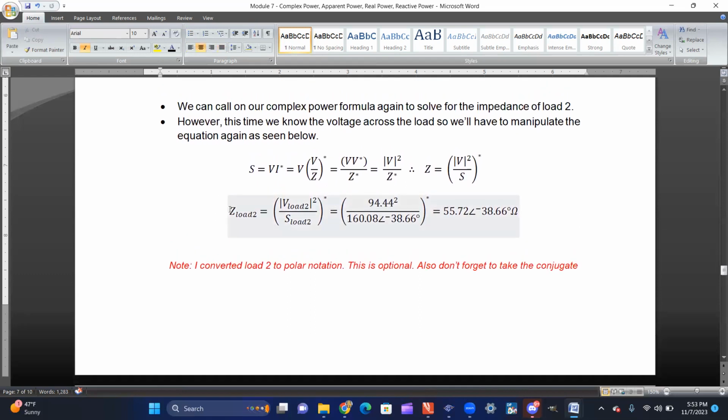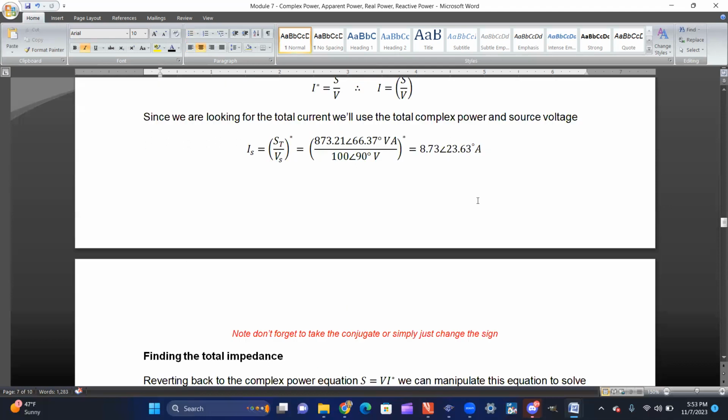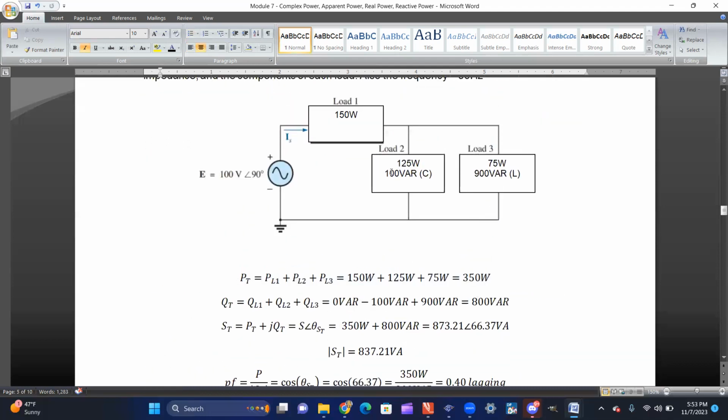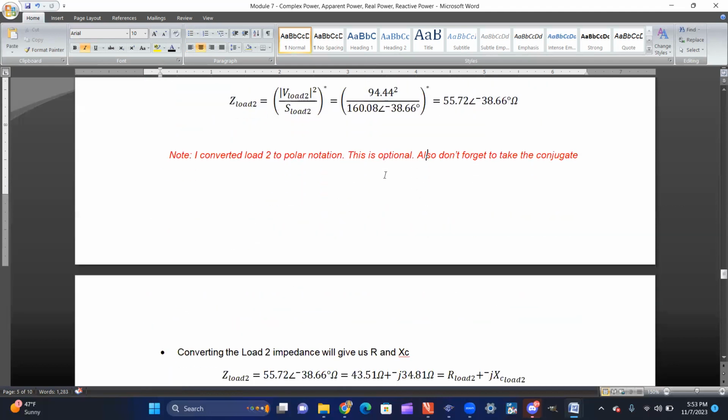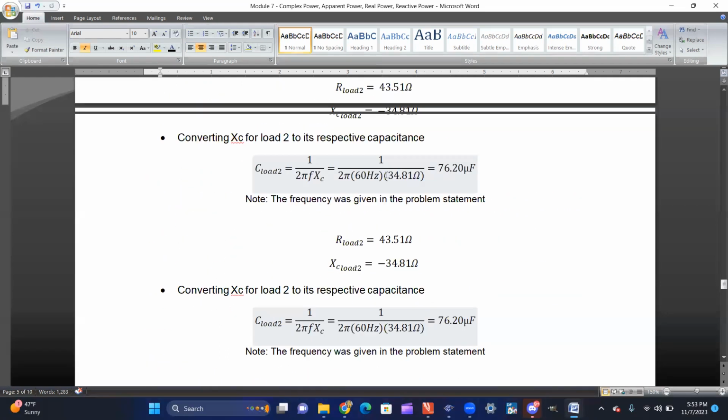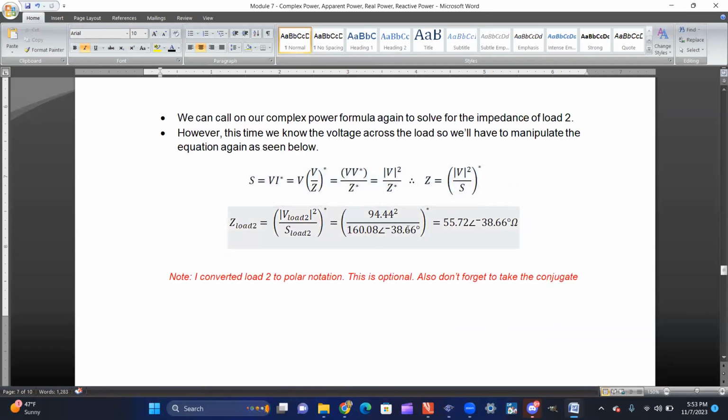Wait a second. So let's do a little checking on load 2. We know load 2 is supposed to have a capacitive reactance. So therefore, in terms of the impedance, it's supposed to be negative, just like we saw right here, it has a negative angle.